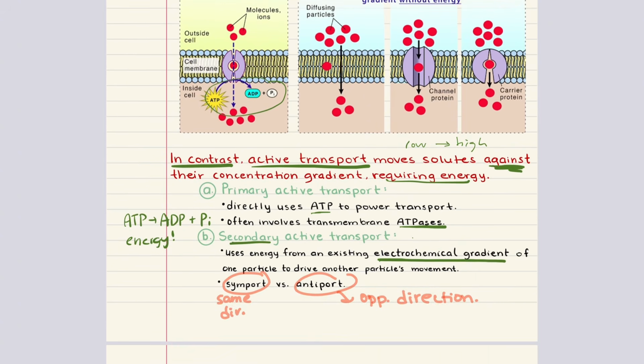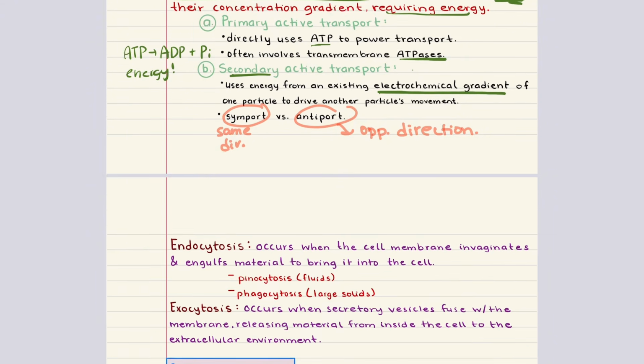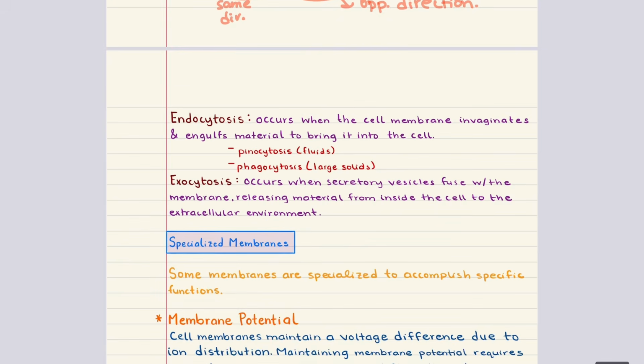In addition to active transport through pumps and carriers, cells also move large volumes of material through bulk transport processes like endocytosis and exocytosis, which rely on vesicle formation and fusion with the cell membrane.